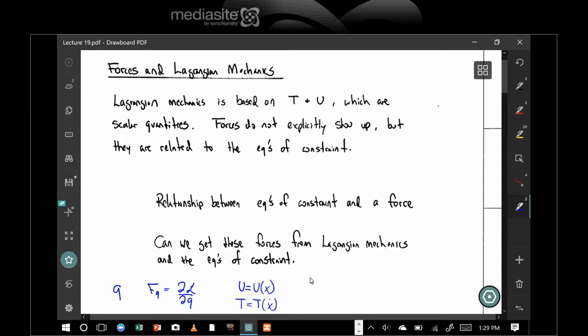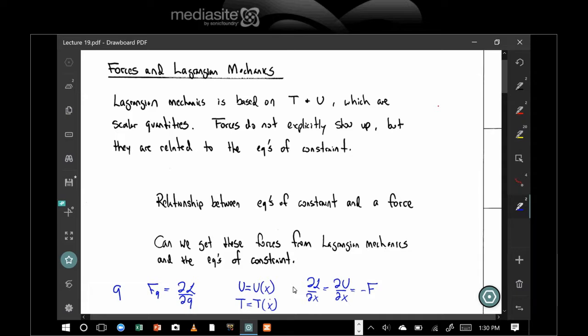So if I take the partial of L with respect to x, that's going to equal the partial of U with respect to x, and that gives me minus the conservative force. That's for a conservative system, so that generalized force is the conservative force.